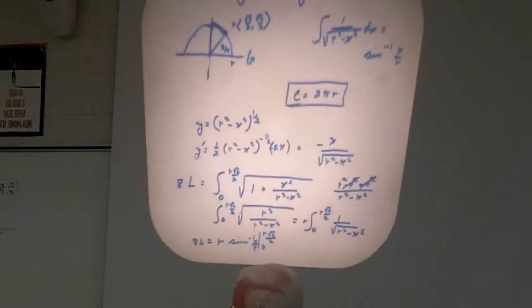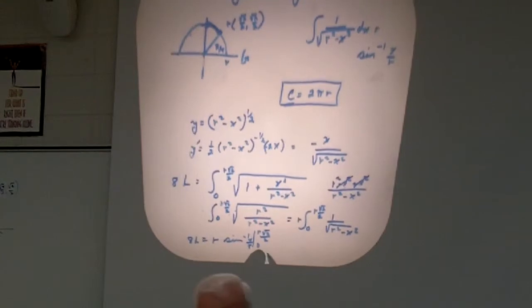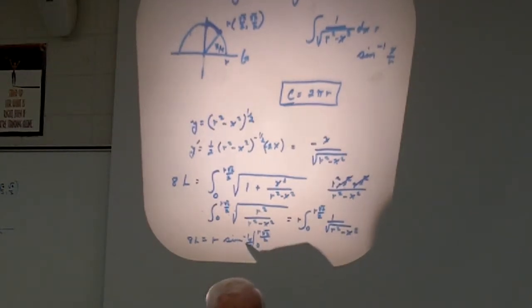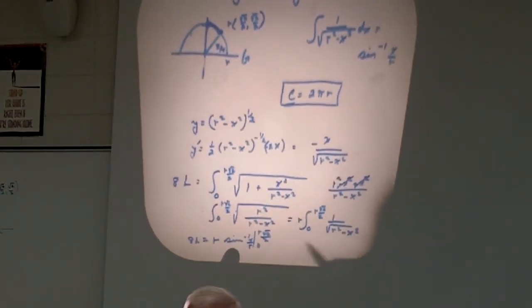Now, evaluate this. The bottom here, this one is easy. When I put 0 in here, I get a 0. What's the sine inverse of 0? 0. Where is the sine equal to 0? It's at 0. Okay, so all we have to do is look at this one.